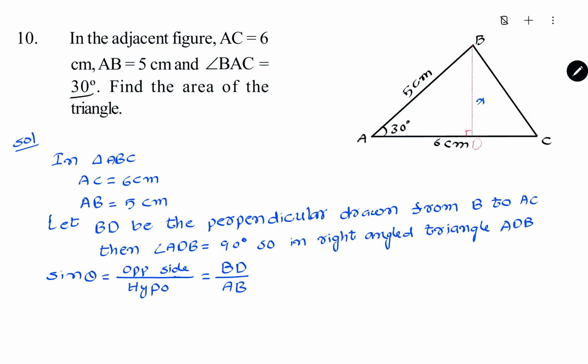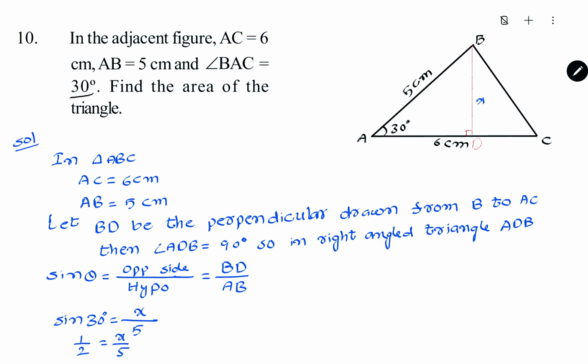We have hypotenuse and we need to find opposite side. So here angle is 30 degrees. Sine 30 degrees is equal to BD is x, hypotenuse AB 5 centimeters. Sine 30 is equal to 1 by 2, x by 5.